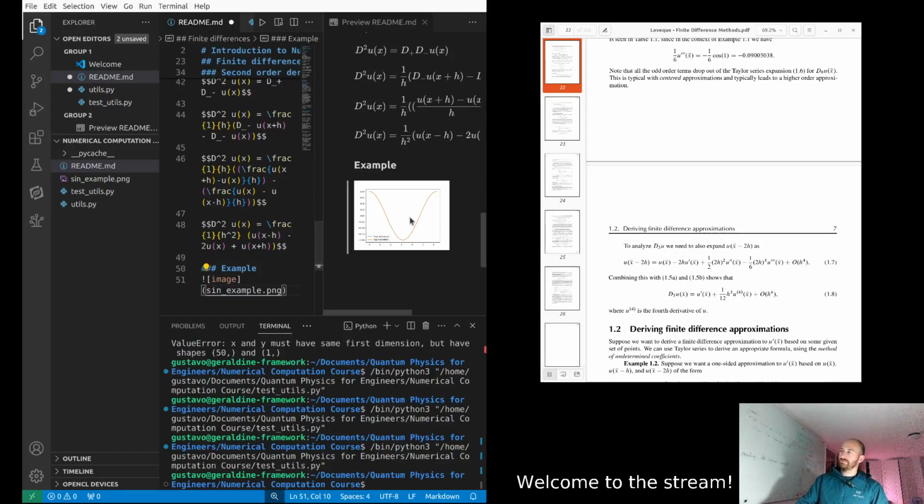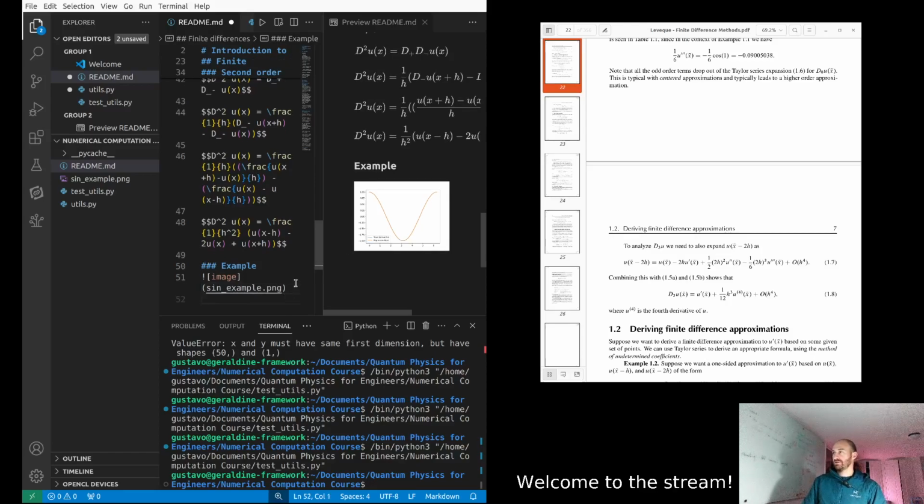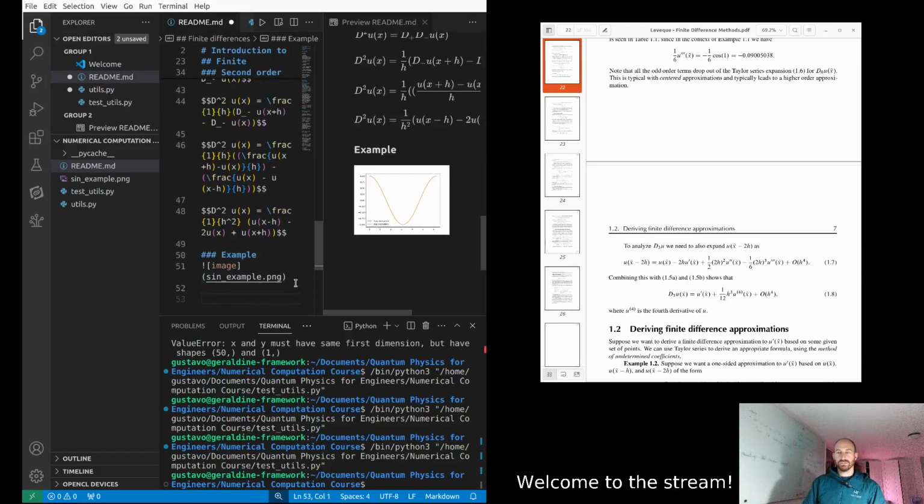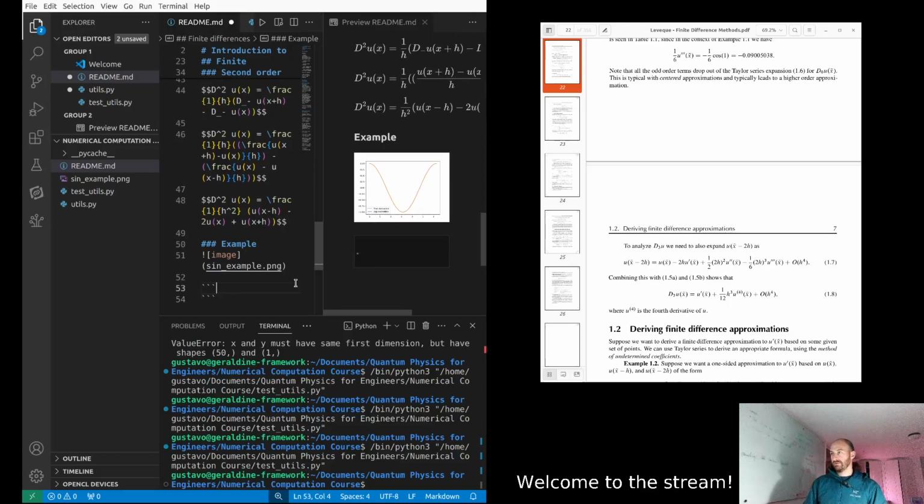And actually there's almost no difference between the obtained discrete result and the one that we get. Maybe if we redo this with an h that's a little bit bigger, it will be visible.